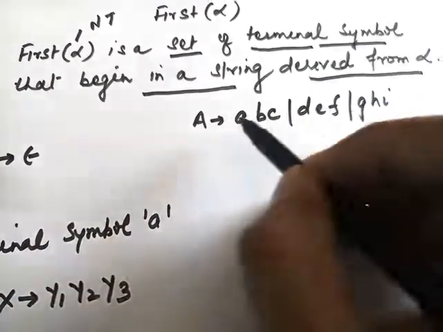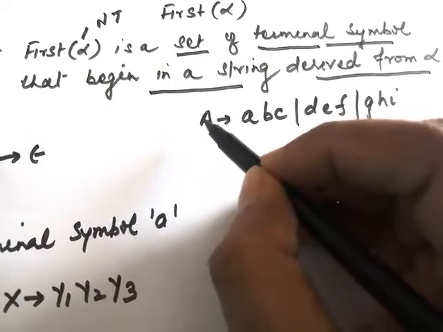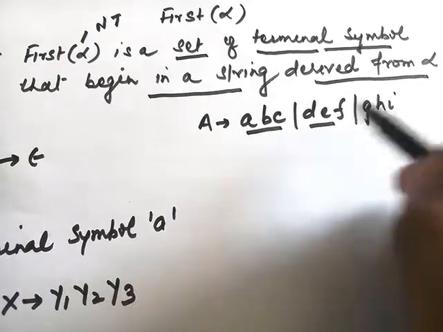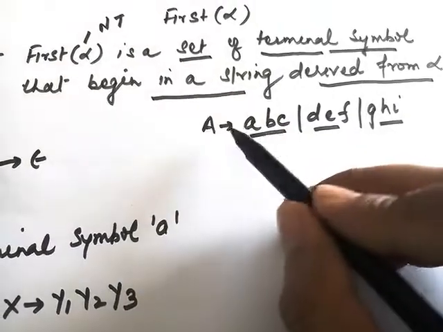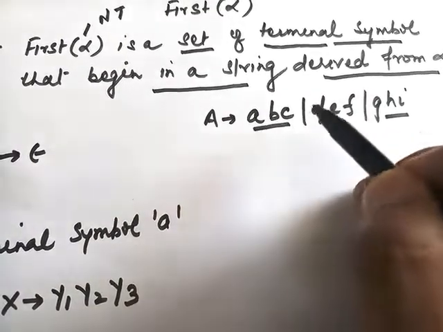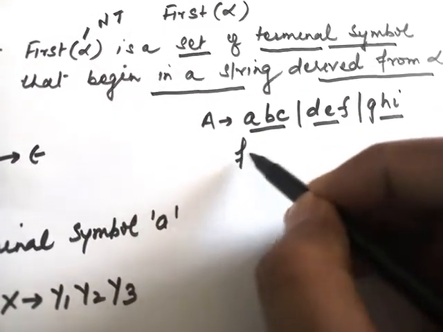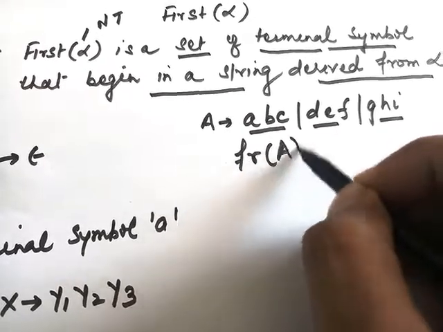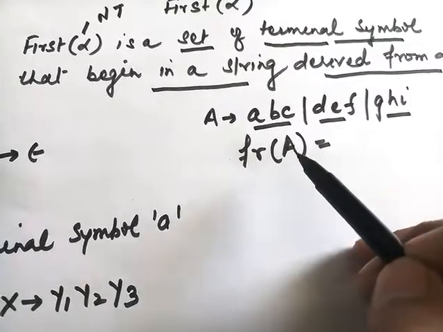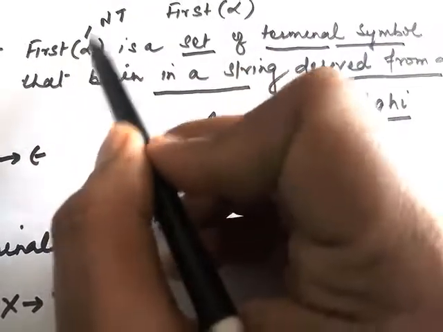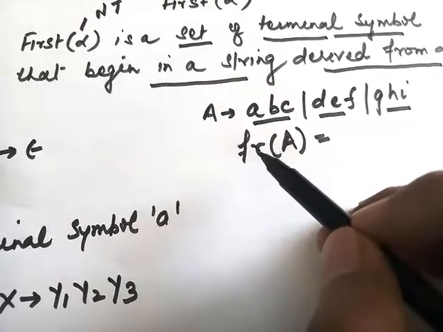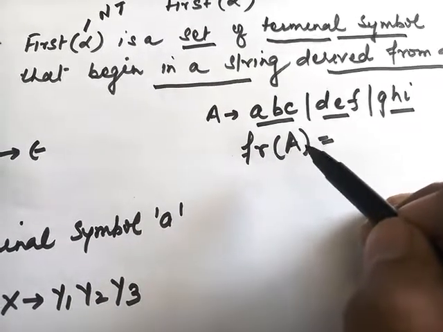Just assume that this is a grammar production given, and here the non-terminal A generates three strings: string number 1, string number 2, and string number 3. And as you can see, all are small letters, so all are terminals. If I have to calculate first of A, always remember that we calculate first of non-terminals, means capital letters.